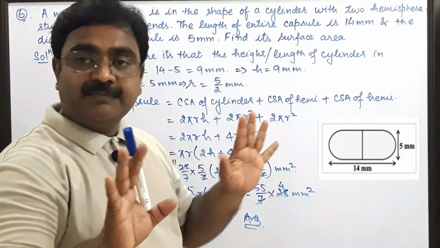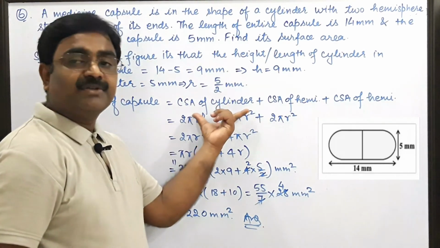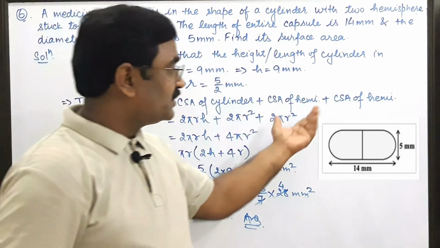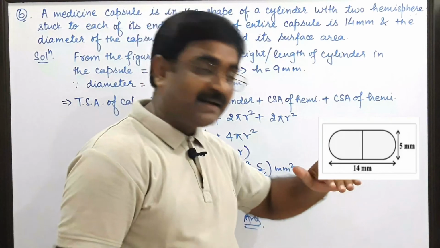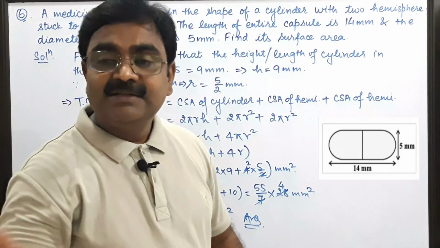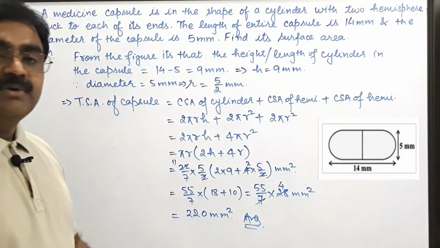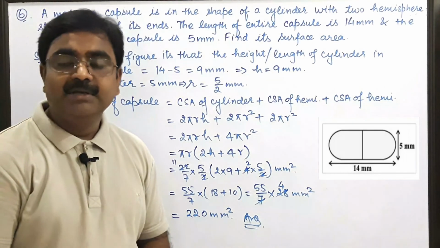Understood? To find the total surface area of the capsule, we have to find the curved surface area of the cylinder plus the curved surface area of the hemispherical part at the first end and the curved surface area of the second hemisphere at the second end. And after solving, we will get our answer 220 millimeter square.